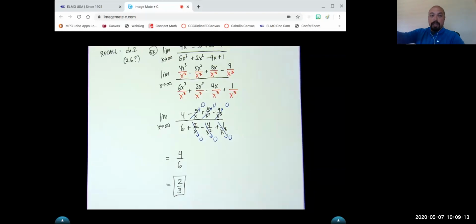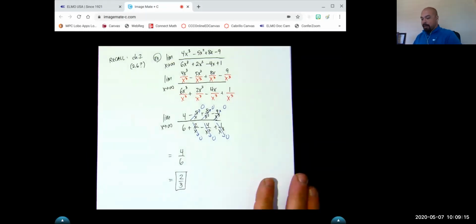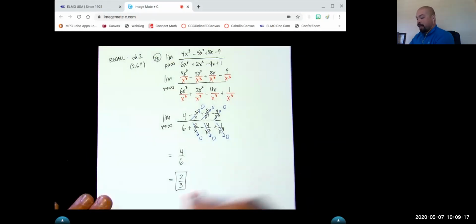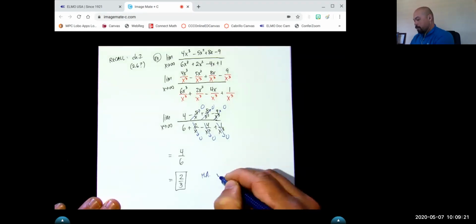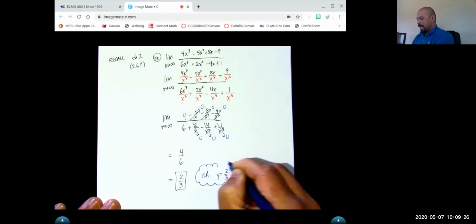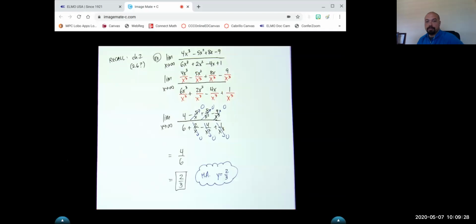I'm going to zoom out a little bit. We get that value for our limit, and we'd say that for that function we would have a horizontal asymptote at y equals 2/3. As we extend that graph out, plotting more and more points, as x got really large, the y value would get closer and closer to 2/3.